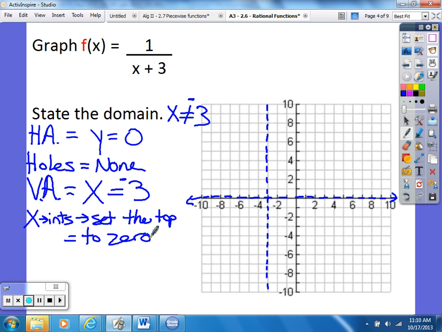Uh-oh, is there an x in the top of this one? So guess what? There's no x-intercept. Also notice, here's my x-axis. It's an asymptote line, right? So could I actually ever get on this line? No. So that's also a reason why there's no x-intercept. So in this case, there's none.